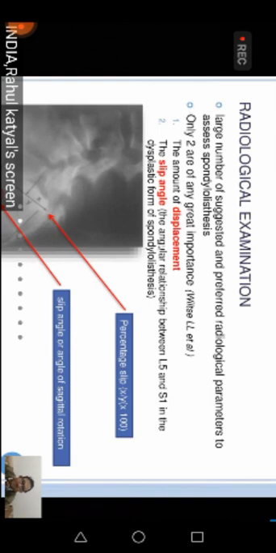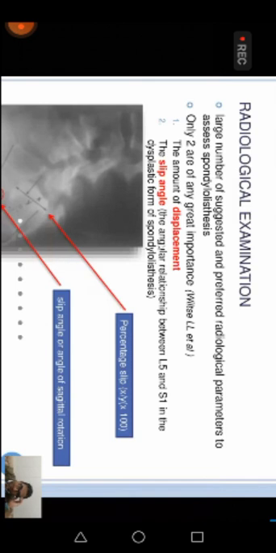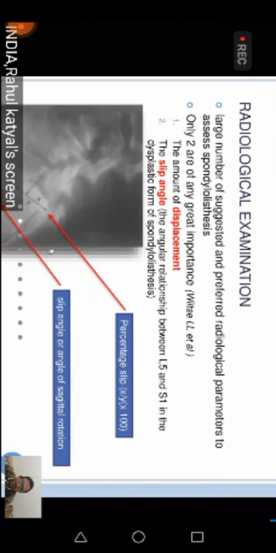So here you can see the radiological examination. Two things that we have to see. Actually, this is for measuring the angle, right? Although in clinical practice, just by observing we can see the shift or the change in the angle.